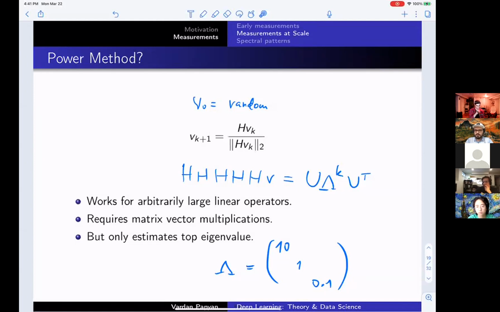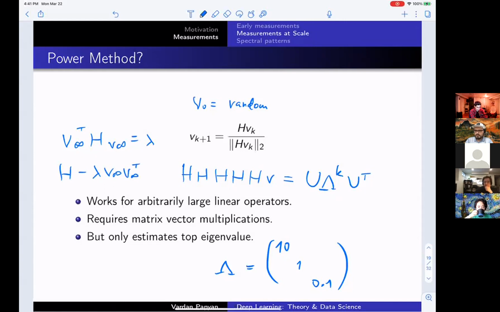Yeah, you can. So if you estimate the top eigenvalue and the top eigenvector, once you have the top eigenvector, you can indeed deflate that eigenspace. Because if you know the top eigenvector, let's denote it by v infinity, then you can calculate v infinity transpose H times v infinity, that will give you lambda. And then you can do something like H minus lambda times v infinity v infinity transpose.